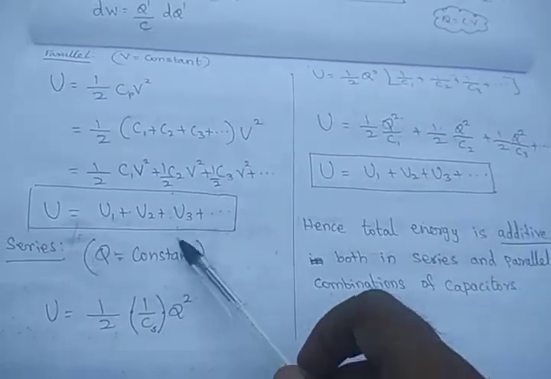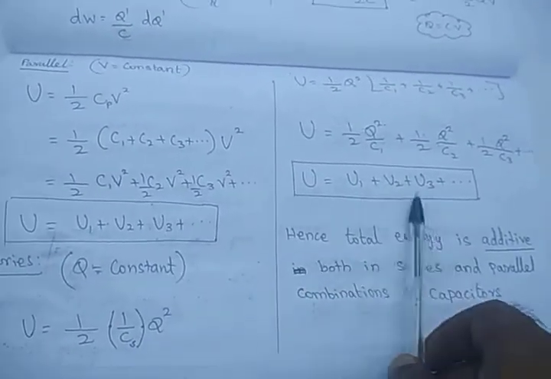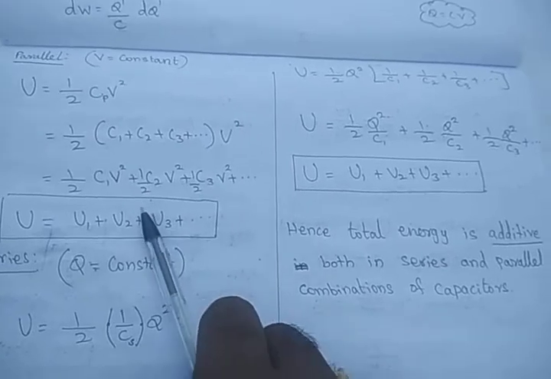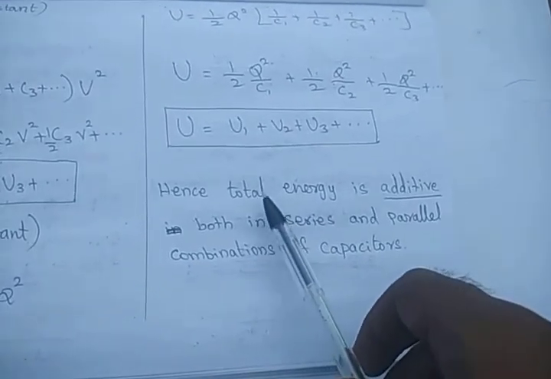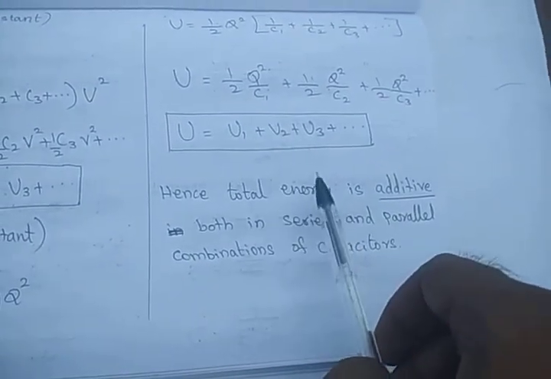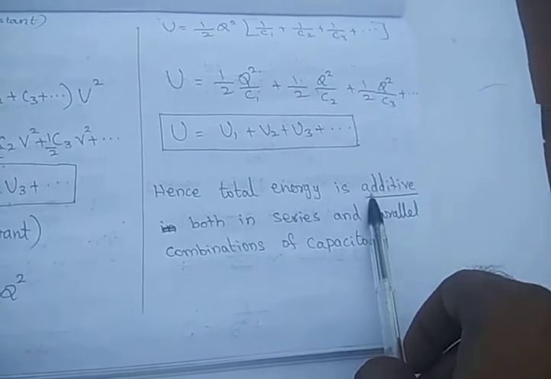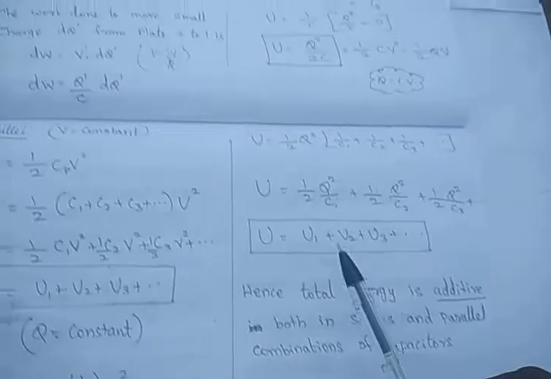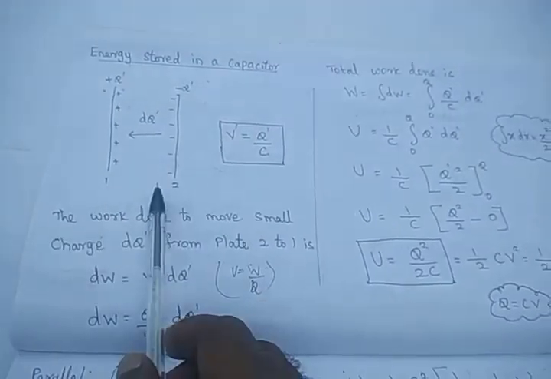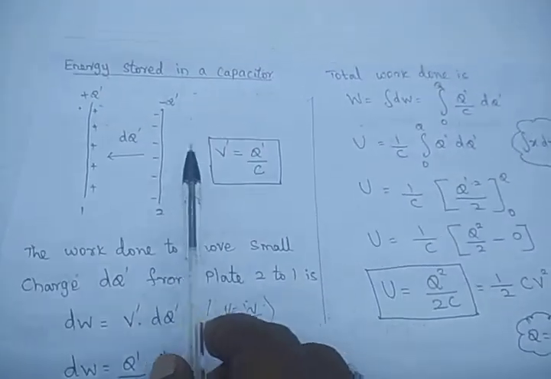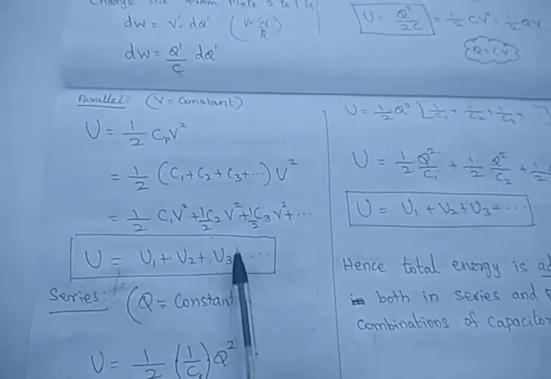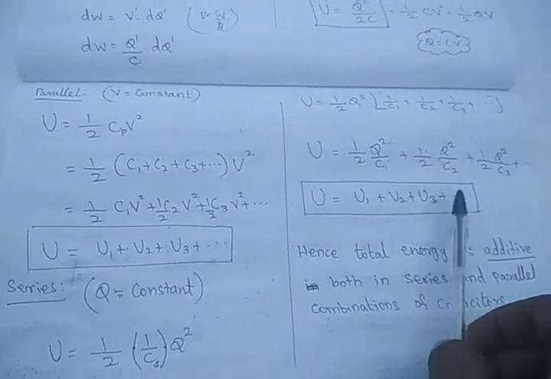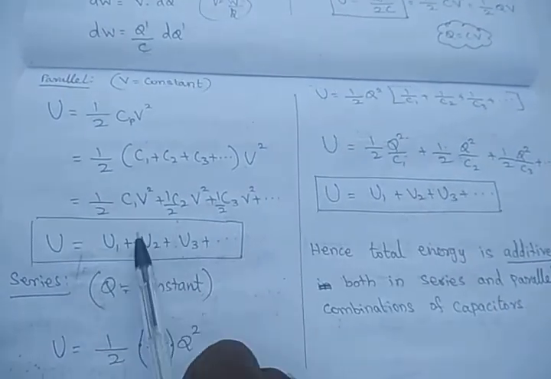So both the equations have the same expressions. Hence we come to the conclusion that the total energy stored is merely additive in both series and parallel combinations of capacitors. Whether the capacitors are connected in series or parallel, the total energy stored is the addition of the individual energies stored in the individual capacitors.